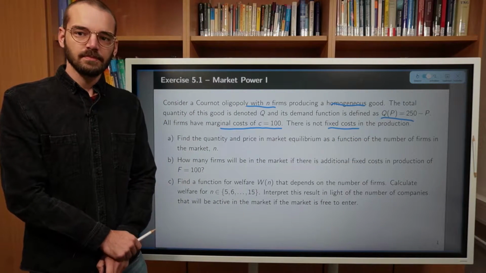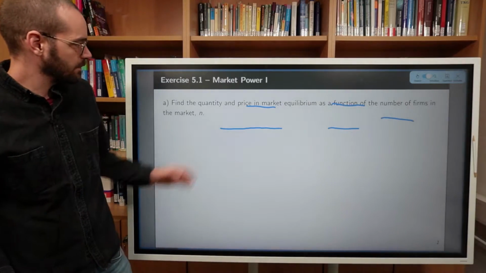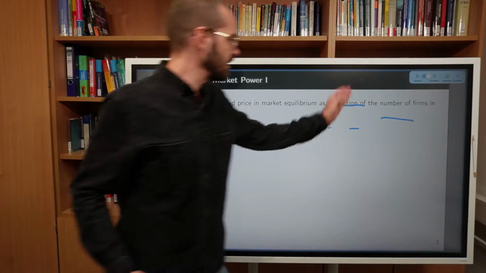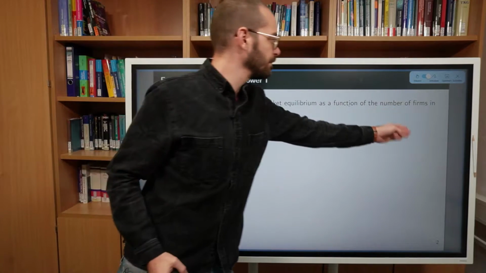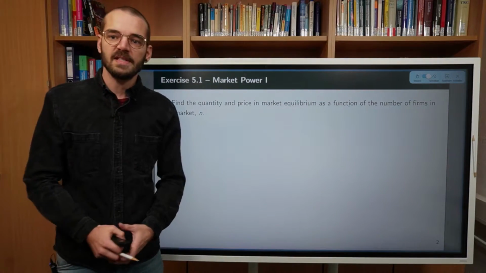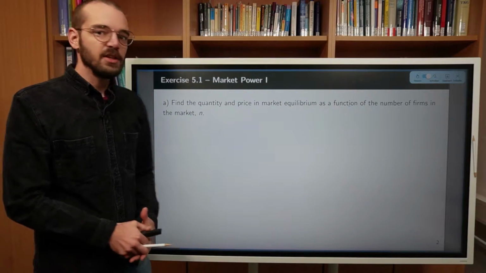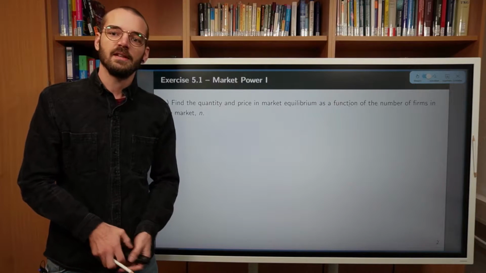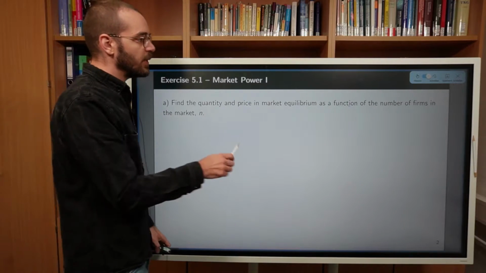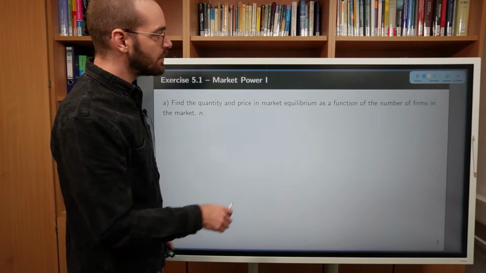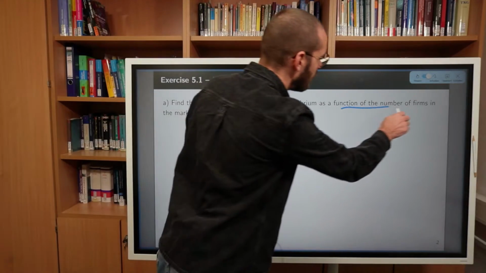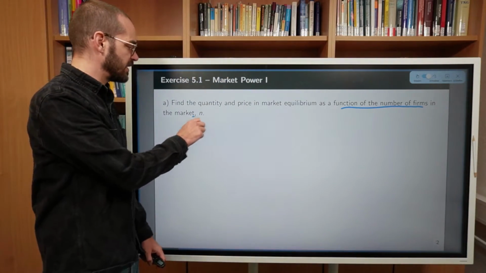Alright, now in the first task we're asked to find the market equilibrium in this previously outlined situation, and the only difference to what we already did in the previous weeks now is that we are asked to find the market equilibrium as a function of the number of firms in the market n.